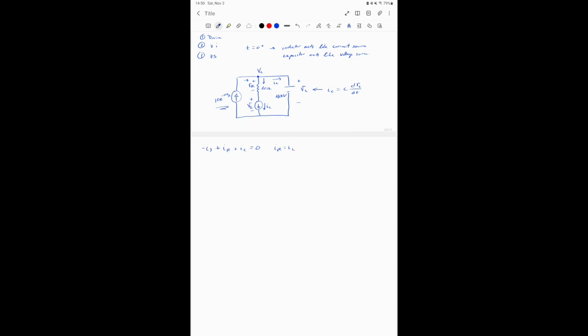And then if we want to do some KVL here, you can do a loop here, a mesh loop, which brings you negative VL, negative VR, positive VC, right? It just did a loop around here, which this is IL. So theoretically, you could have some impedance here, and then IL times your VR, and then subtracting your VC, or adding, depending on which way you're going with your loop.